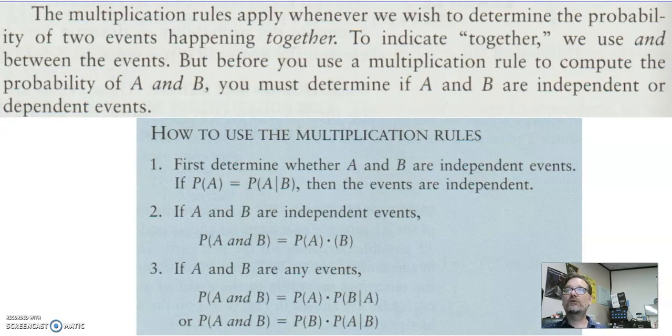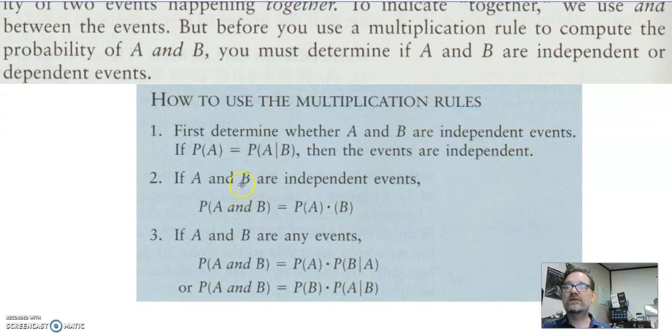Okay, here are my multiplication rules. If I give you two independent events, they don't affect each other. If the probability of A equals the probability of A given that B has already happened, then they are independent. So if the probability of A and the probability of A given B are the same number, then they're independent.